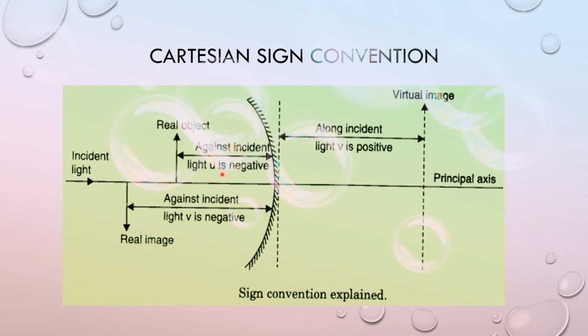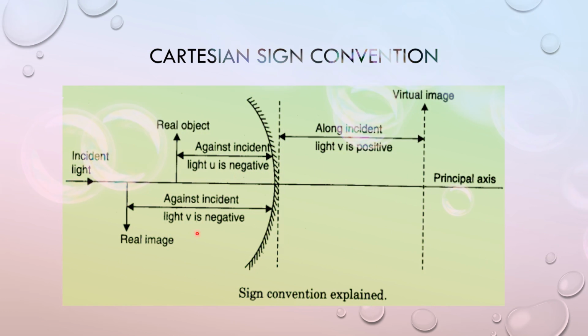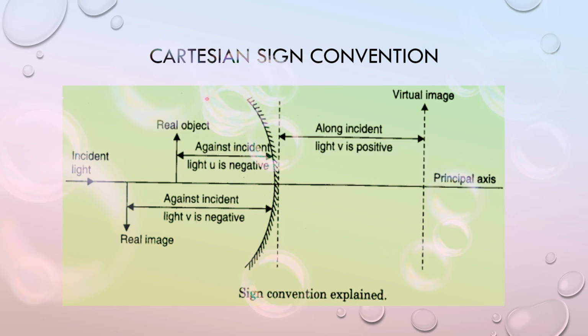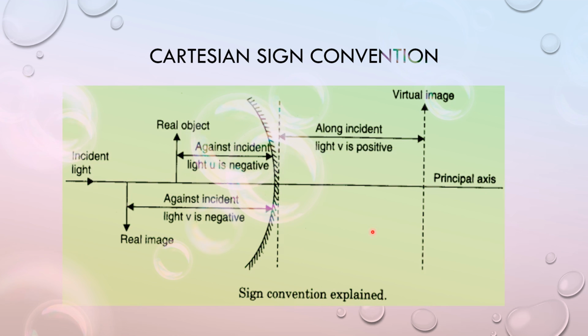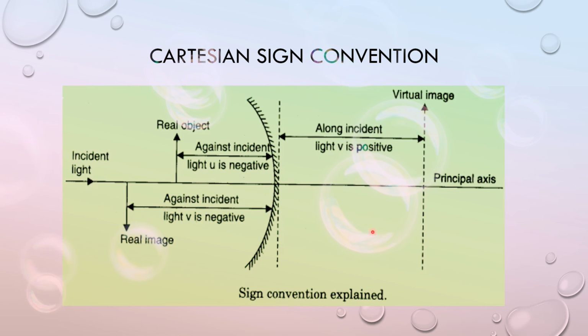So that U is considered to be negative, and also here V is considered to be negative because it is also against the incident light. Similarly we can say that the height measured perpendicular to the principal axis in the upward direction is considered positive, but in the downward direction is considered negative.